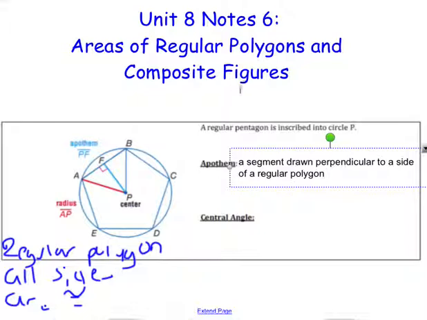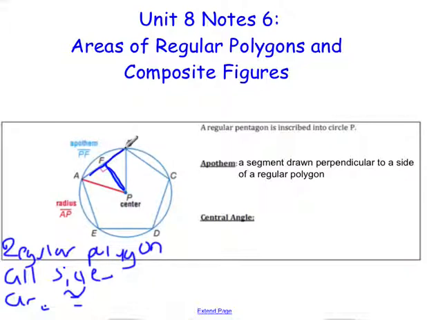So this right here, FP, is an apothem because you notice it is perpendicular to the side of the pentagon AB. So that makes PF an apothem.